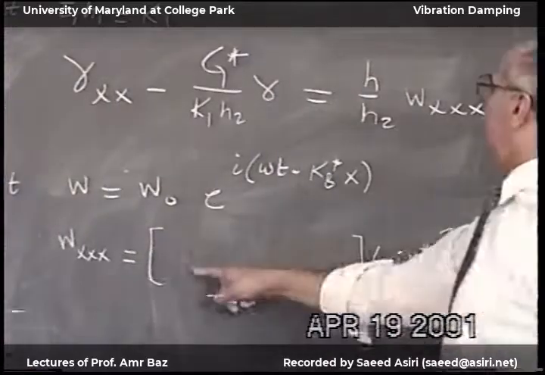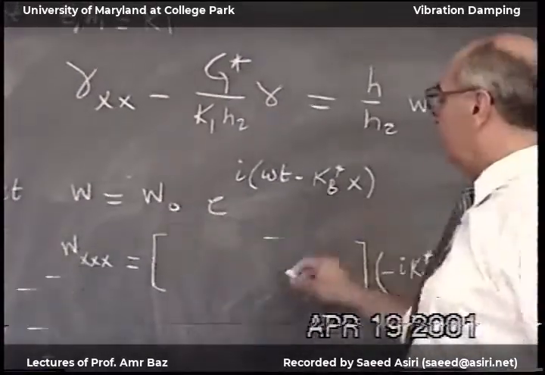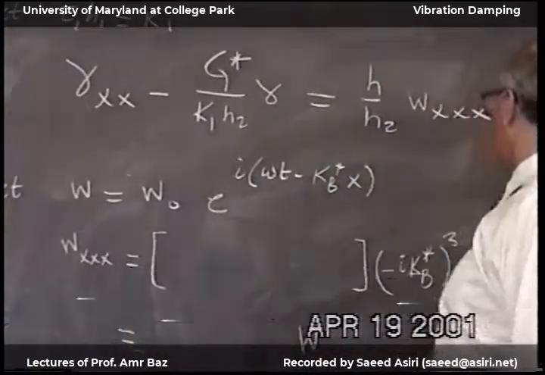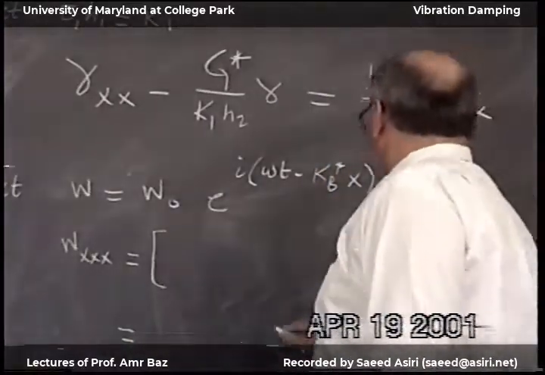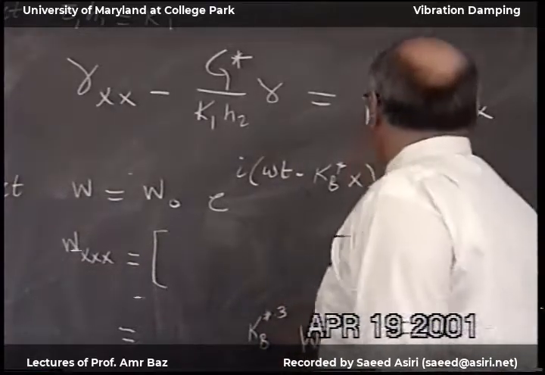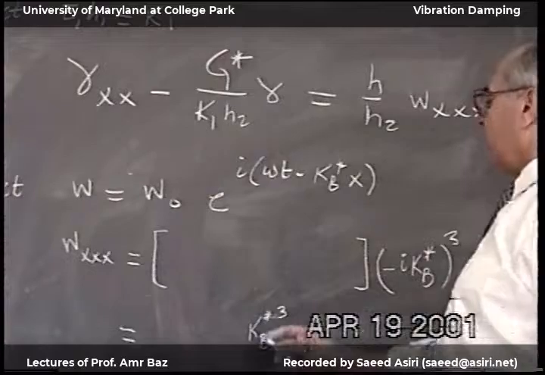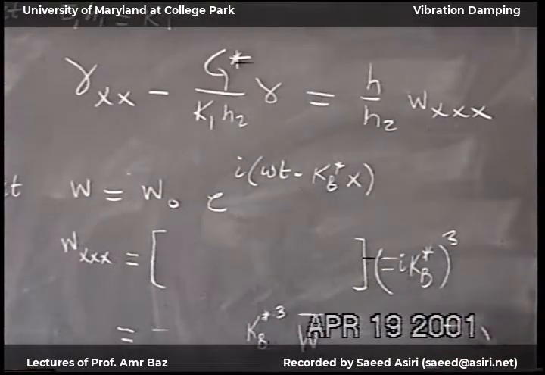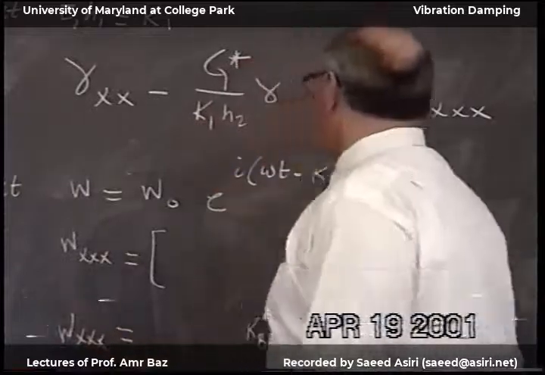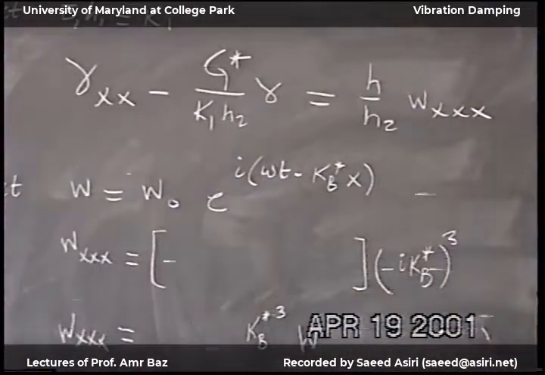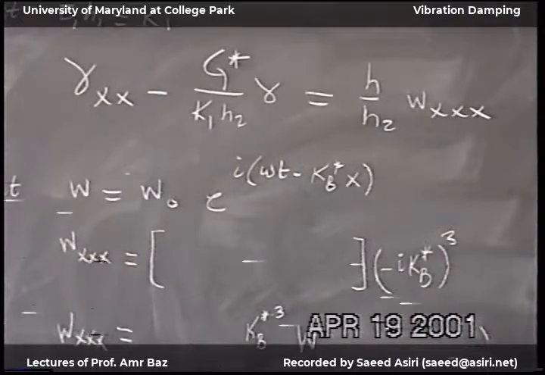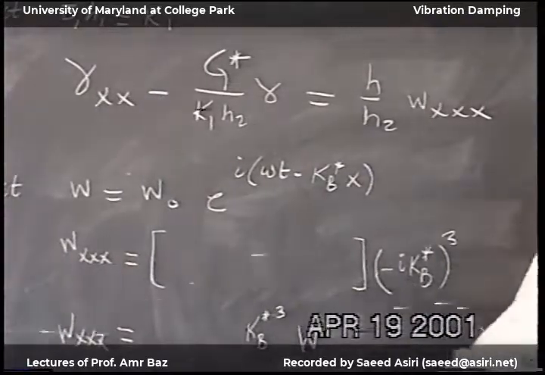And this is exactly like this. So this will be W, and then we have here K, B, asterisk, cubed. Minus and minus becomes plus, and we have what we have here. Now I don't need also this.